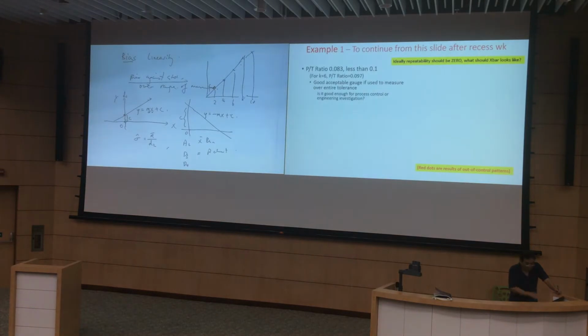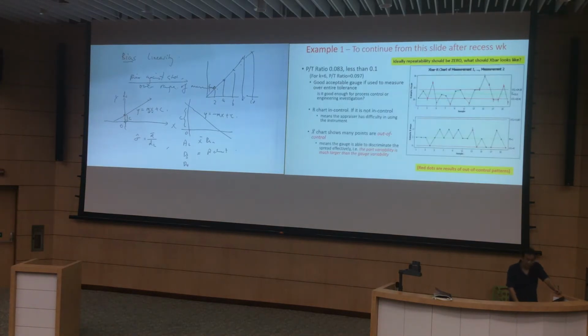Now, this one is what I have plotted out in the X bar R chart using Minitab, okay? This is our R chart. So it looks okay, right? I mean, Minitab flagged something there, because it checked the Western Electric rules.